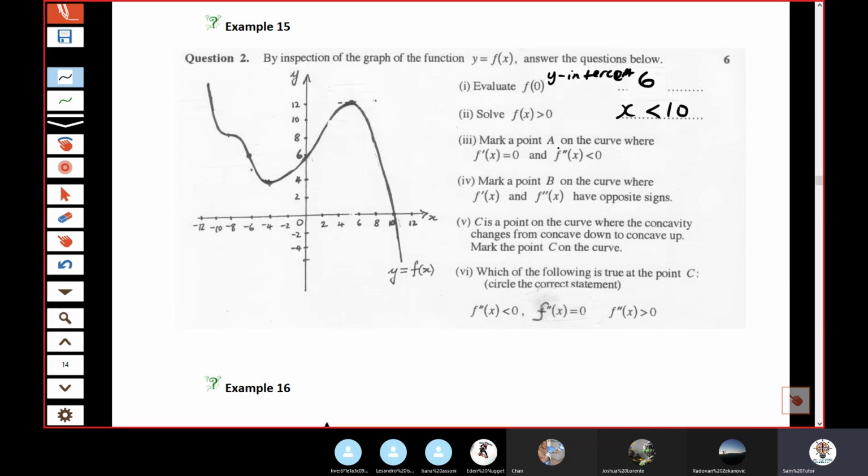Mark a point A on the curve where y dash is equal to 0 and y double dash is less than 0. What does that mean? What does y dash equal to 0 mean? One step at a time. Y dash equal to 0, stationary point. What does y double dash less than 0 mean?